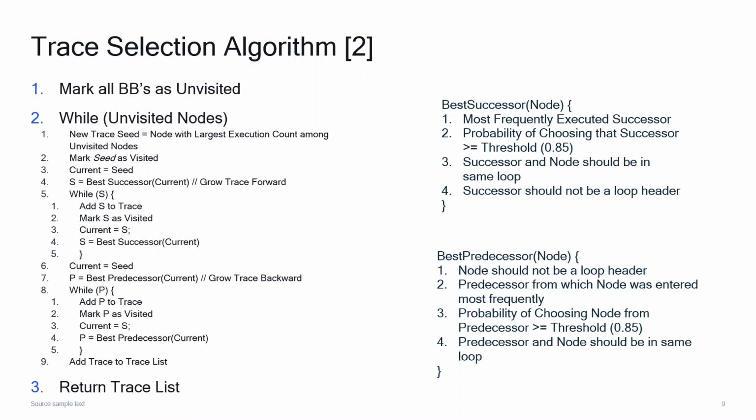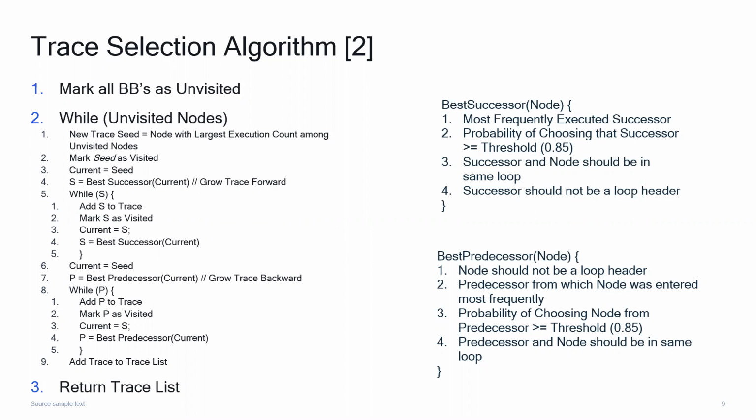That is, pick the successor with the highest probability edge, and then add it to the work list, and then we go on like this.